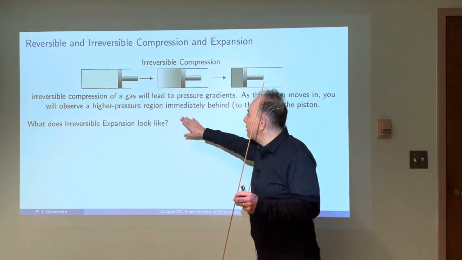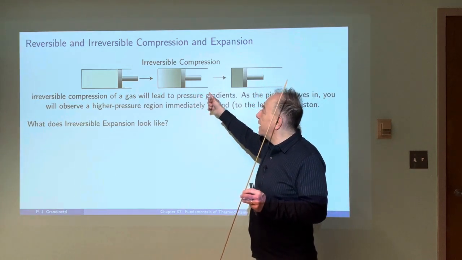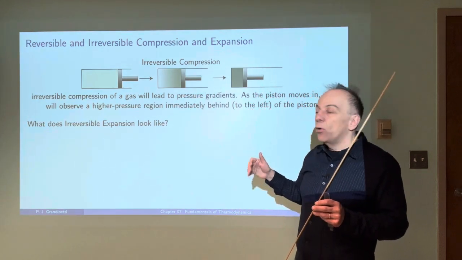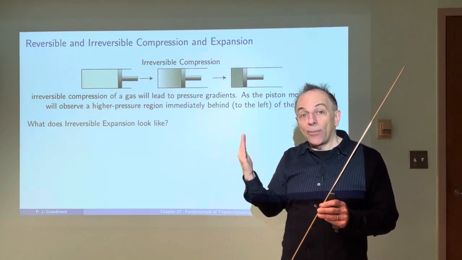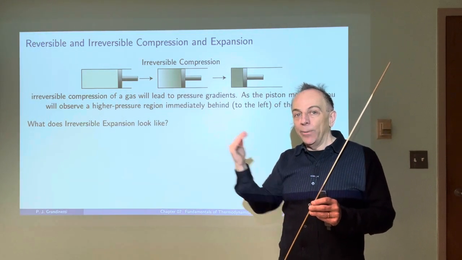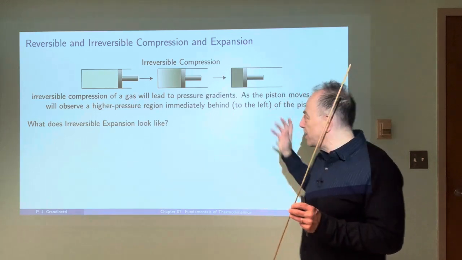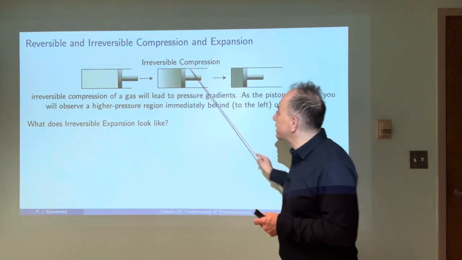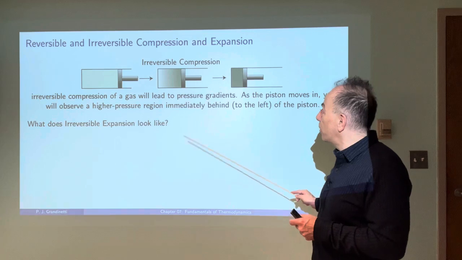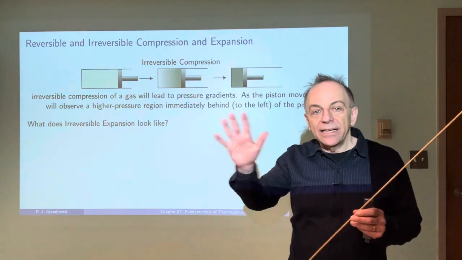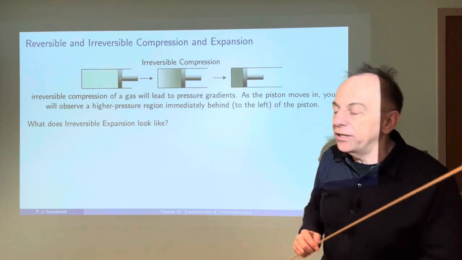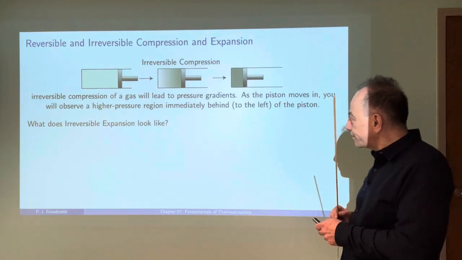Now you can imagine what an irreversible expansion would look like. When you pull the piston out, you would have a lower pressure right behind the piston, and there'll be a gradient of pressure in there. You can see that in both cases, irreversible expansion or compression, we will have a non-uniform density inside the cylinder.